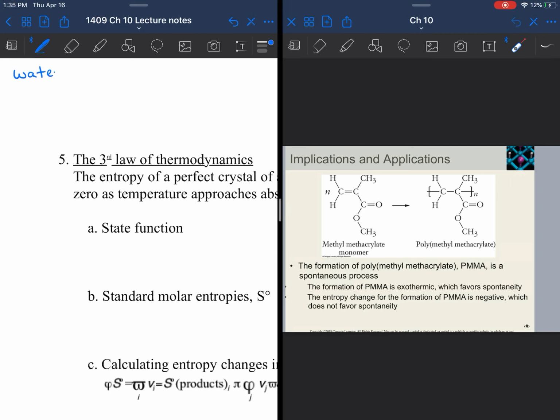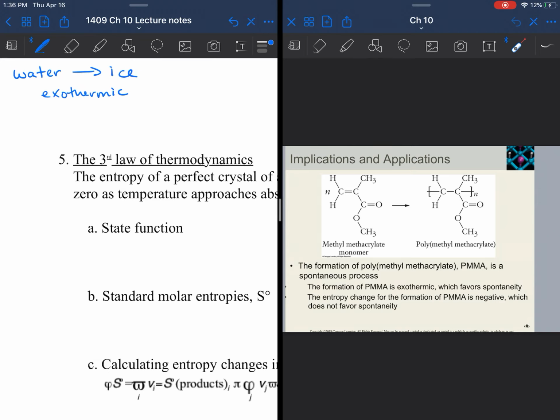Let's think about water freezing to ice. This is going to be an exothermic process.